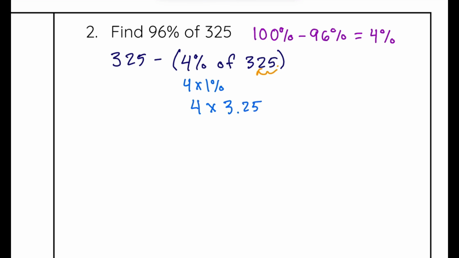And if you don't know that one off the top of your head, that's okay, because you can do a little bit of scratch work. So 4 times 3.25. 4 times 5 is 20, carry the 2. 4 times 2 is 8, add the 2, that's 10, carry the 1. 4 times 3 is 12, add 1, that's 13. So we get 13 even.